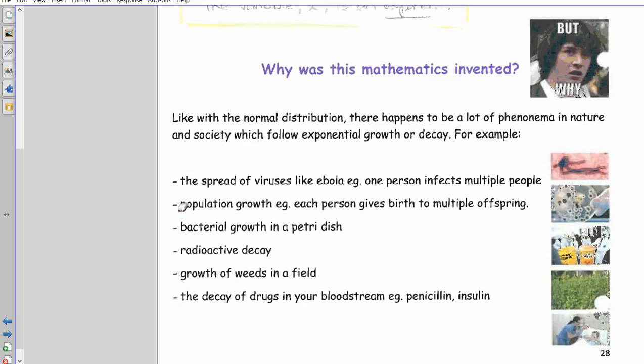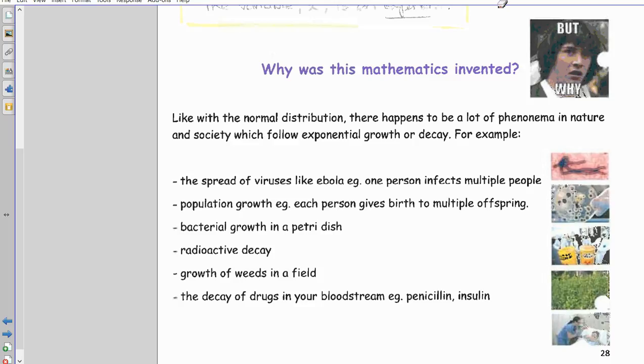Population growth, e.g., each person gives birth to multiple offspring, so that's why population grows slowly, but as multiple offspring then give birth to more multiple offspring, it grows rapidly. So that's taking things like plagues, like mice plagues. Bacterial growth in a petri dish grows slowly to begin with and then starts growing rapidly after time.